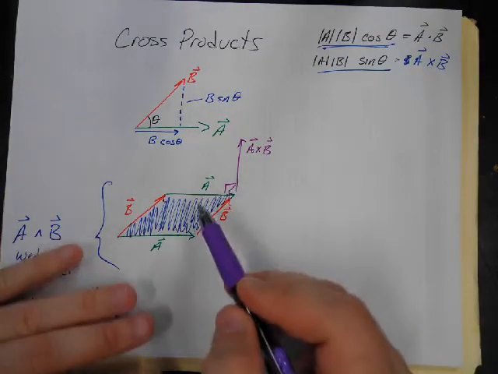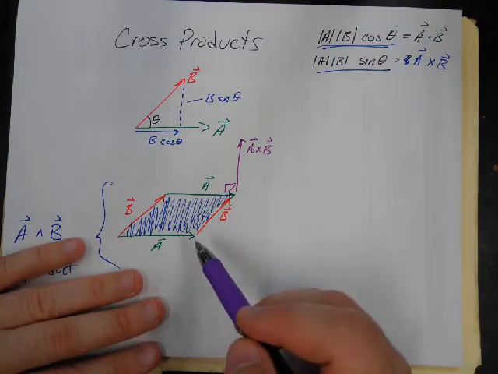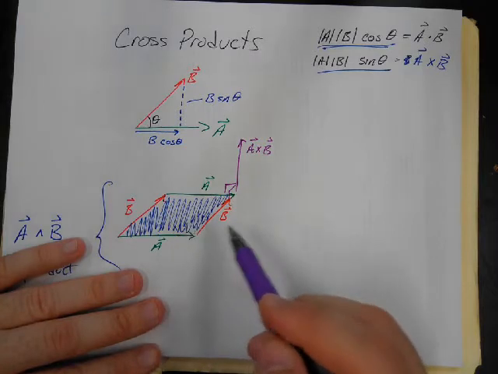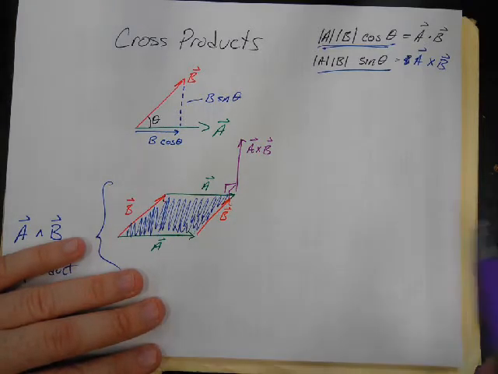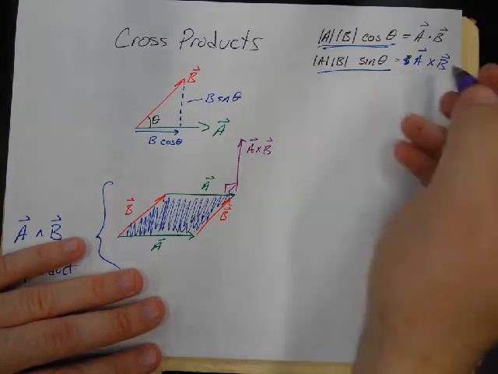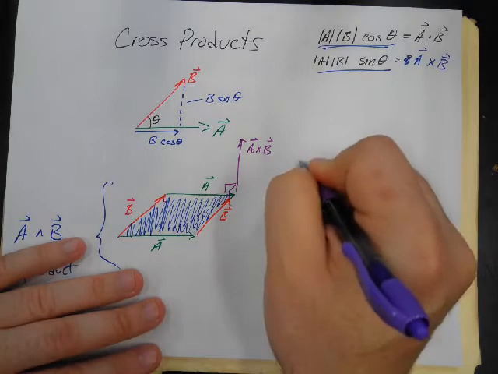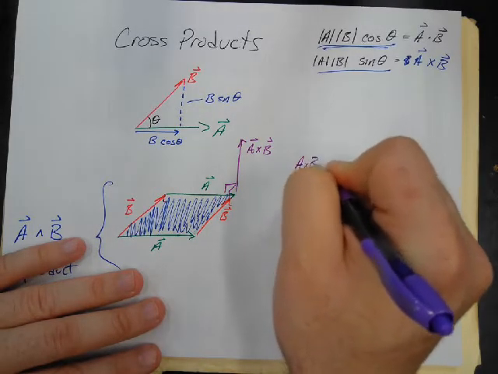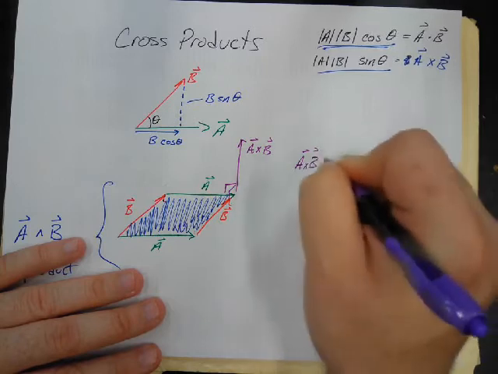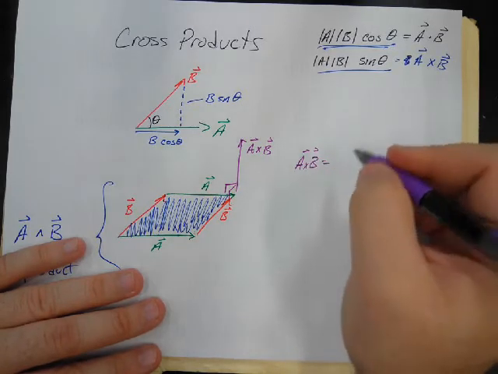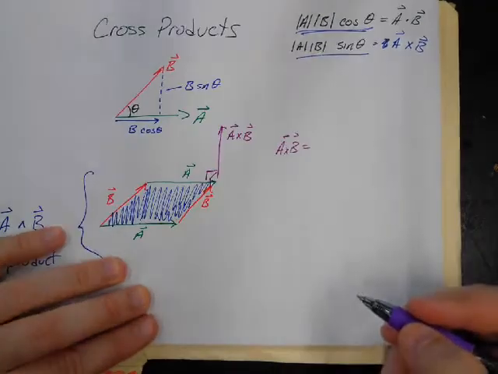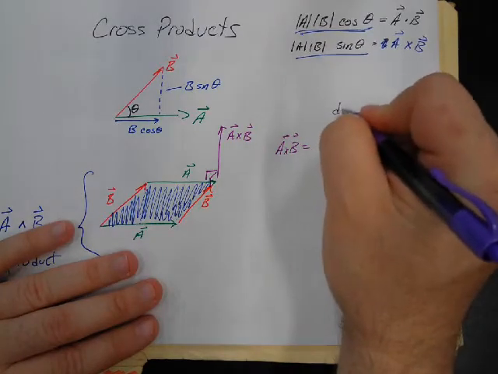So there's a few other things that we could do to define this A cross B. One of them is to write this out in components. A cross B is, and now this is where it gets awkward. So I'm going to teach you what's called the determinant.